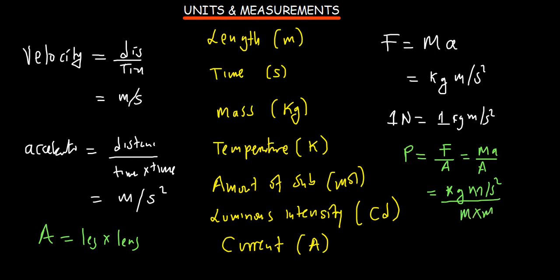So what you are going to see is that this 1 meter will cancel with that meter that is on top. So we have remained with a meter in the denominator. So this is going to be kg. If we say per second squared, it means that this second is in the denominator. So in other words, in the denominator we are now going to have a meter and a second squared. This is the unit for pressure.